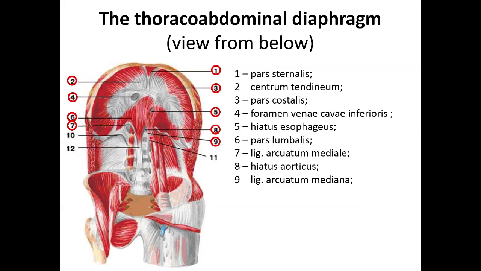It isn't quite correct, so it's only part of ligamentum arcuatum medianum, but nevertheless we should say that ligamentum arcuatum medianum is a special ligament which connects two crura, crus dextrum number 12 and crus sinistrum number 11.